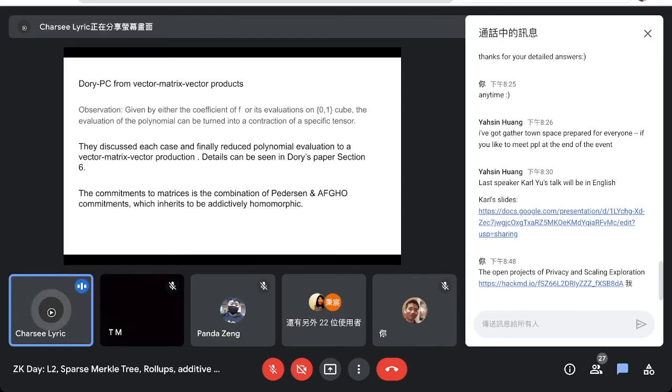I haven't read these polynomial schemes too much, but the commitment to the matrix is a combination of Pedersen commitments, which are additively homomorphic, and if you are interested, you can read that.